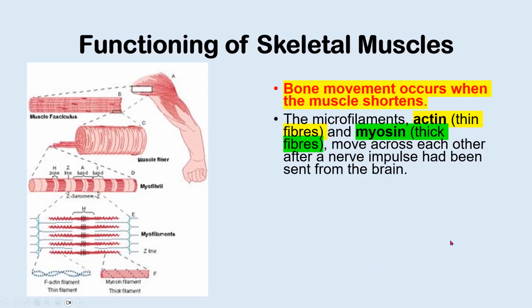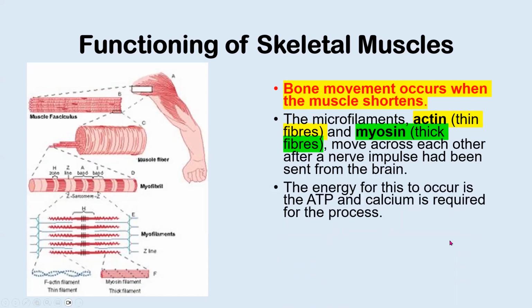So you have to actually tell it to do something. Now, the energy for all this, as I mentioned before, is ATP. And of course, without calcium, it can't happen either. So there's a big store of calcium inside the muscles for this purpose. And ATP is continuously replenished as well.